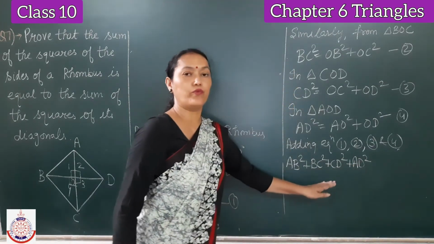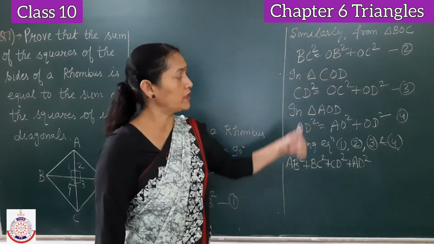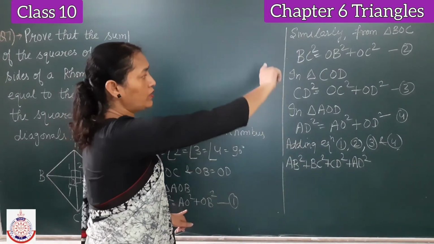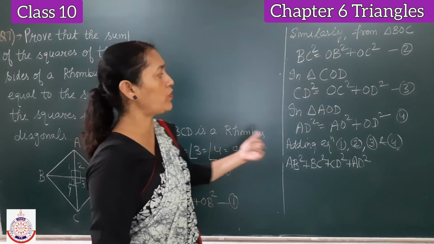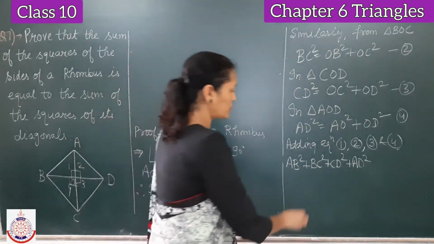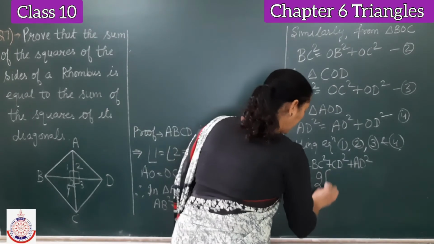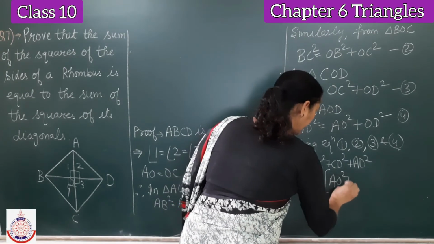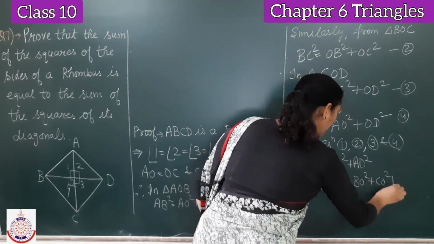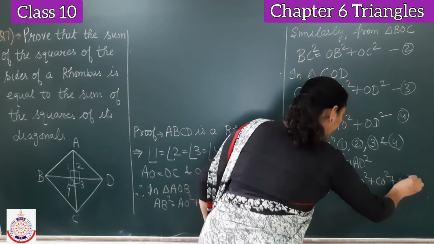This is fine, whatever was being asked in the question. But on the right hand side, we can see that AO square, OB square, OC square, OD square if you add, every term will be coming twice. So it will be equal to double of AO square plus BO square plus CO square plus DO square.